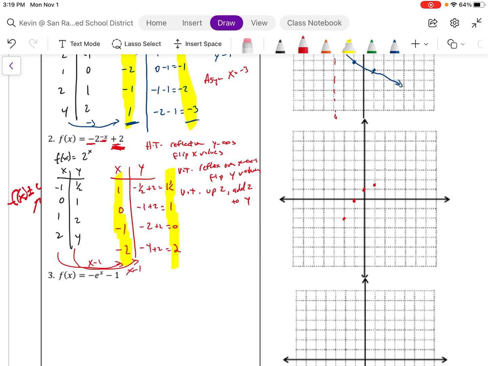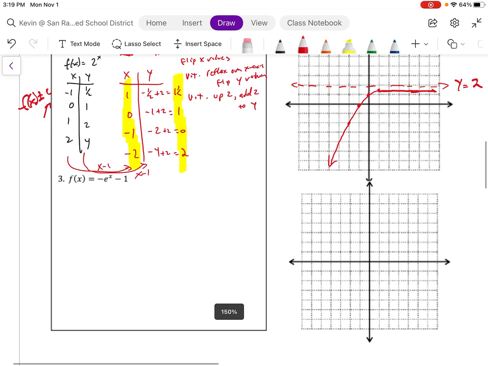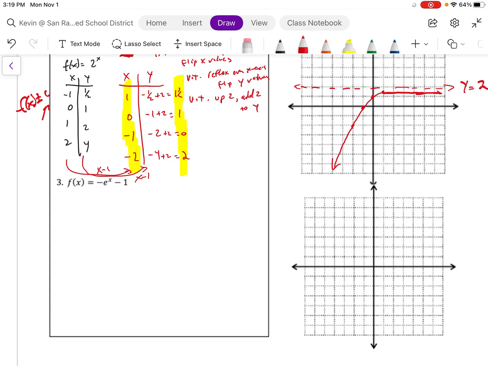In this case, since we're moving up 2, our asymptote is here at y equals 2. And our graph is something like that. I just realized I have not been graphing the parent function, but the transformations are a little bit more important here.